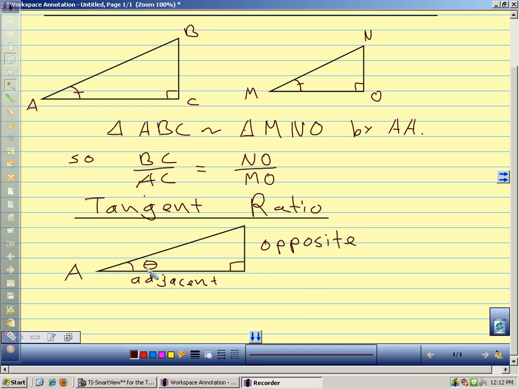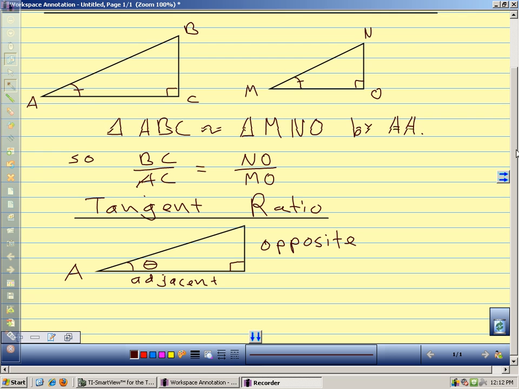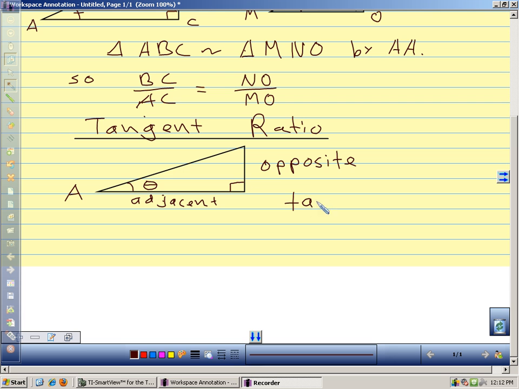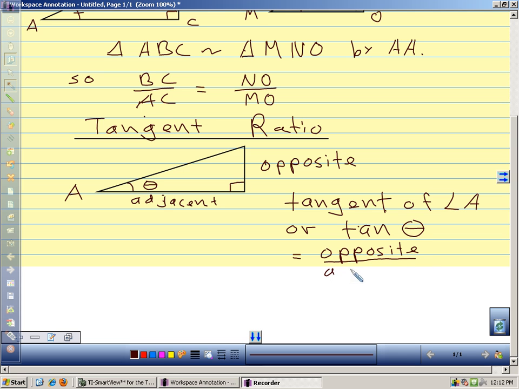For this triangle with the angle theta, we can also call it angle A. We can write the tangent of angle A, or tangent theta, equals the length of the opposite side over the length of the adjacent side.